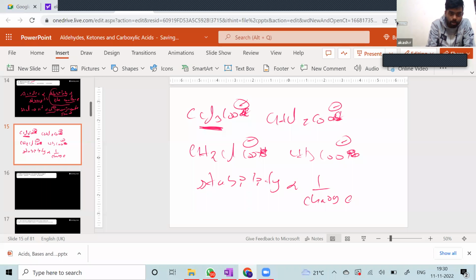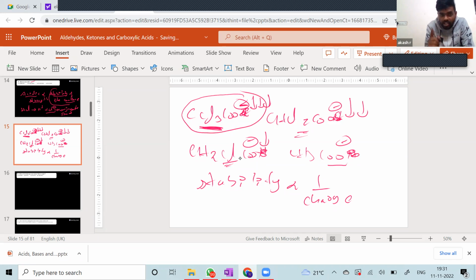So they will be able to decrease this negative charge three times because there are 3 chlorine atoms. In this case, there are only 2 chlorine atoms, so a double decrease will happen. Here only 1 chlorine atom is a one-time decrease. In this case, nothing is there to decrease it. So can I say this one is going to be the most stable conjugate base? And obviously that particular acid will be the strongest acid.